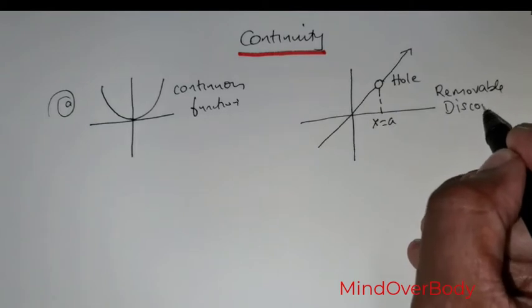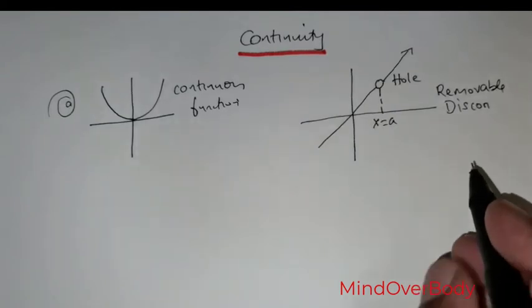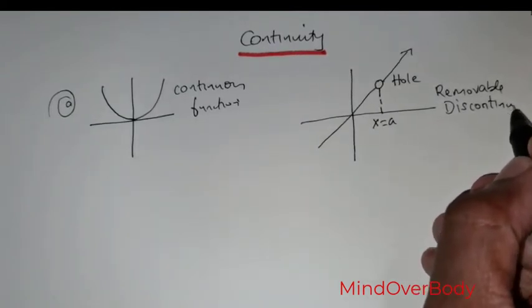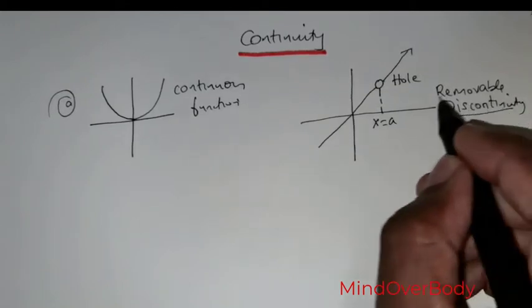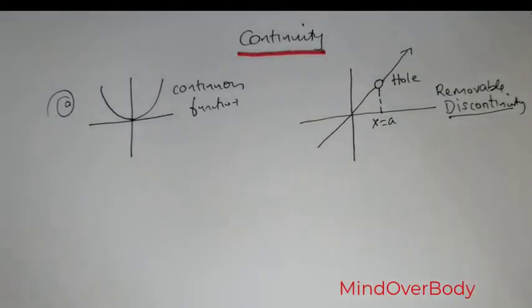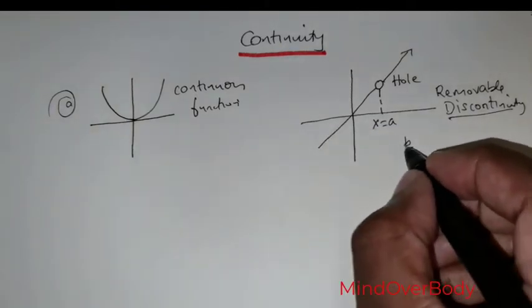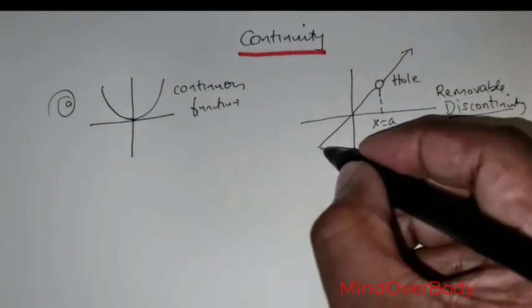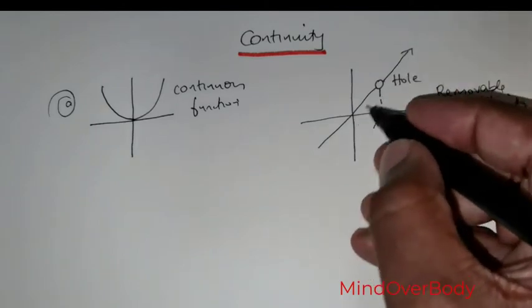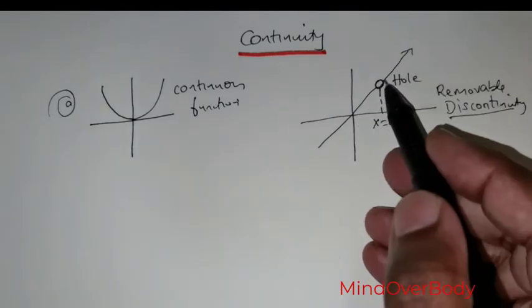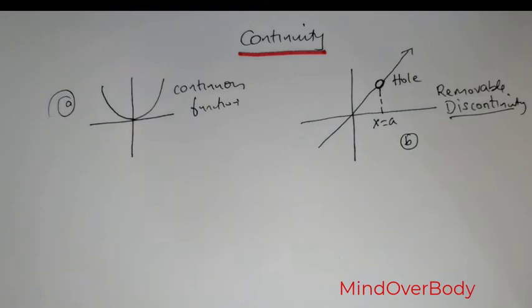Now I'm not going to go into any details on removable discontinuity as of now to begin with. Of course I will deal with this as we progress in this course. So just for illustration's sake, in this particular example, this graph is not completely continuous because there is a hole present in this particular graph.